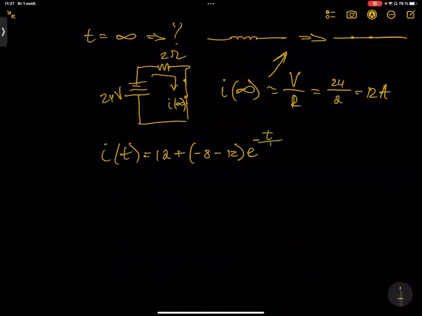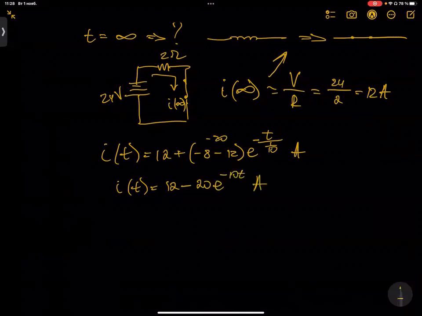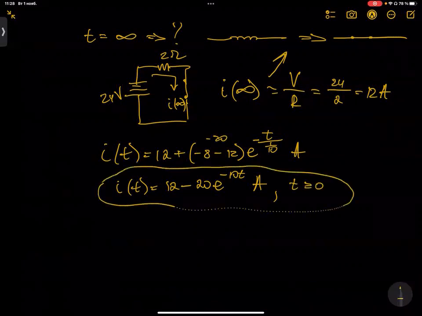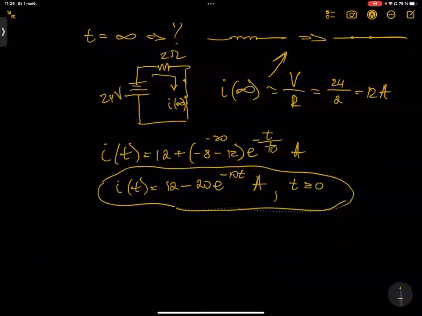The time constant is 1 over 10, so the units are amperes. Overall, we can write minus 20 e to the power of minus 10t A, and this is the equation of current with respect to time when t is bigger than or equal to 0. So this is our final solution.